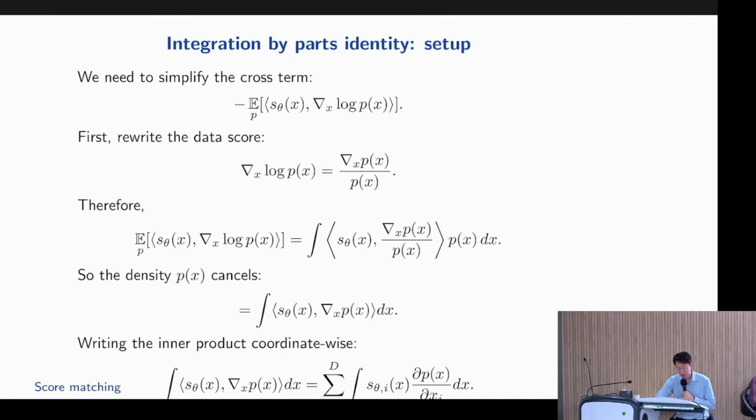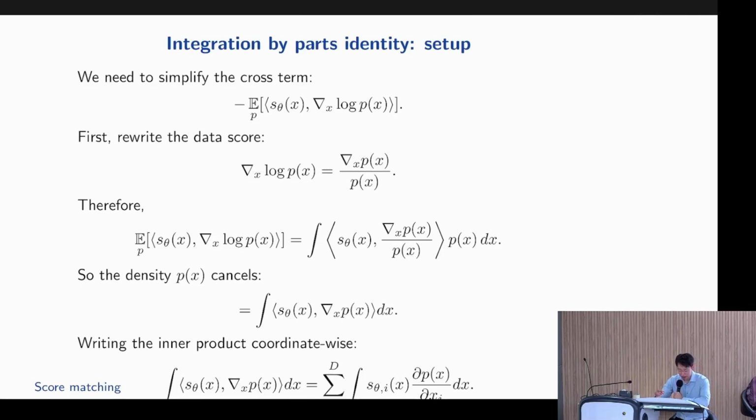We're going to try to massage this equation a little bit. So the gradient of the log probability, by definition of the log, is the gradient of p(x) over p(x), by the property of the gradient and the property of the log.